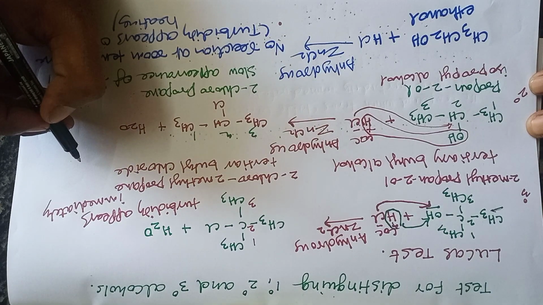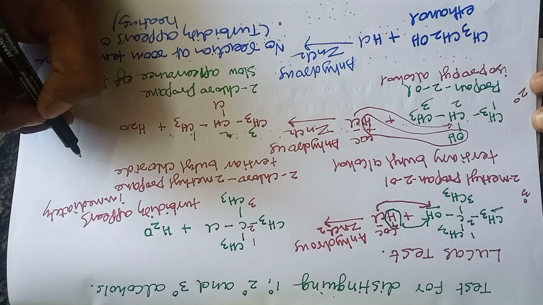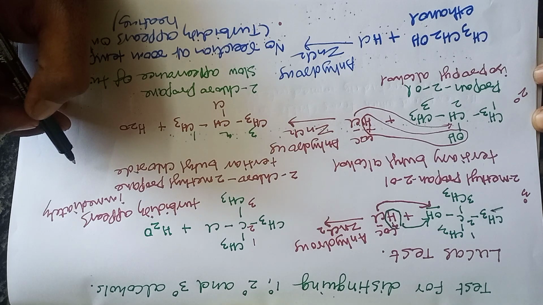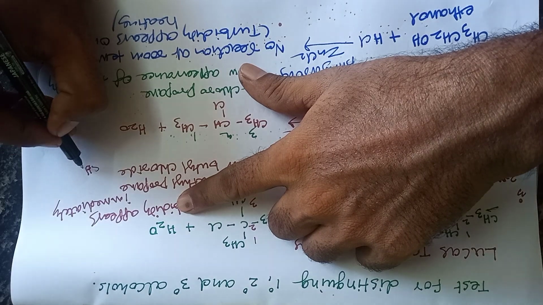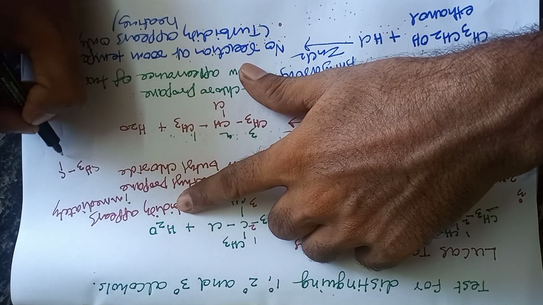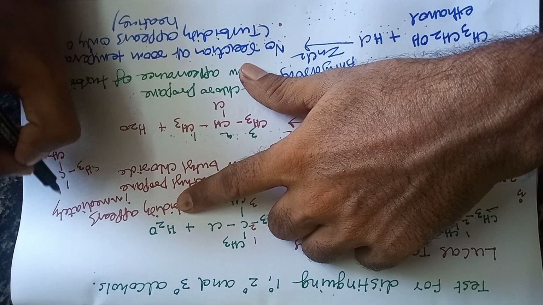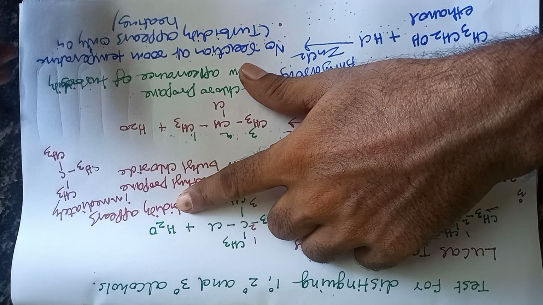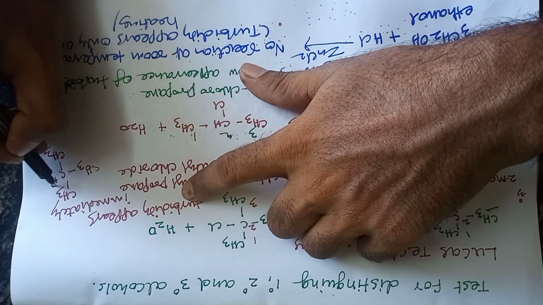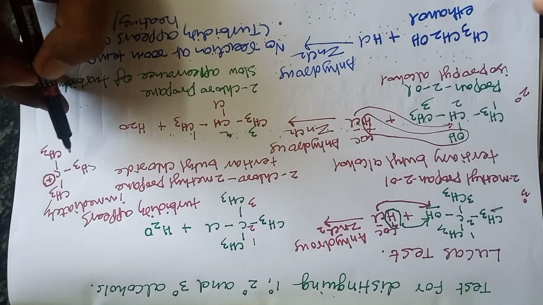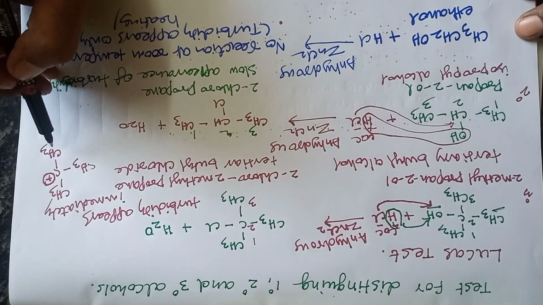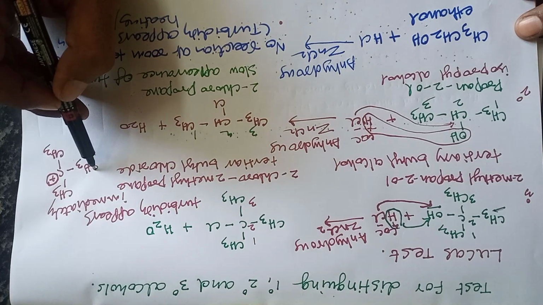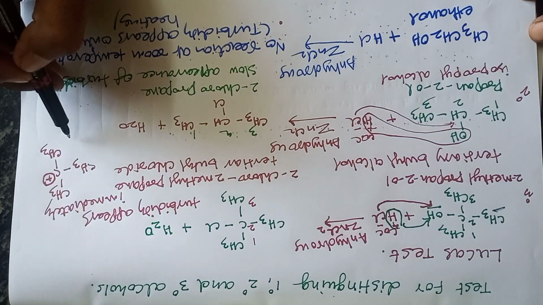Due to the plus I effect, the positive charge on the carbon atom increases. In tertiary alcohol there are 3 alkyl groups, which increase the positive charge on the carbon atom. Due to this, the tertiary carbocation is very stable, and so the tertiary alcohol forms turbidity immediately.